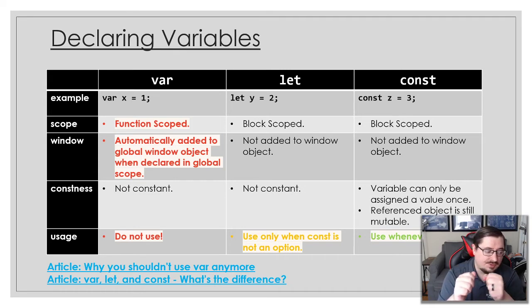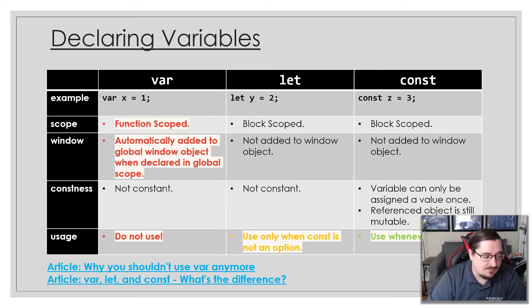So in general, as far as usage goes, don't use the var keyword to declare any of your variables. There's no reason to. It's always a bad choice. Const is generally the option you want to choose. You want most of your variables to be const, as many as possible. That will get you the best possible code: declare nearly all or all of your variables as const.